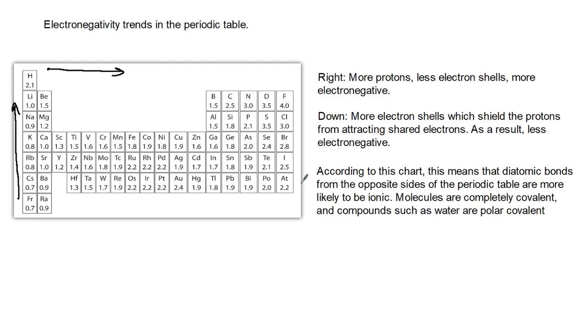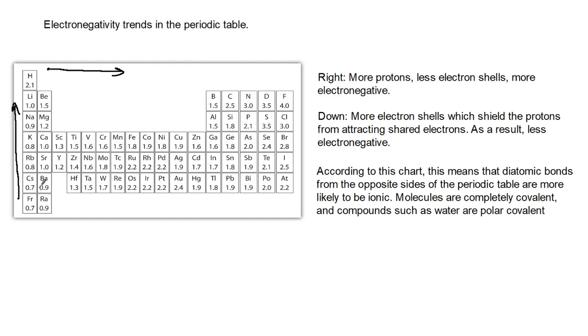So there are electronegativity trends in the periodic table as well, right? If you go right, it'll be more electronegative, and if you go up, it'll be more electronegative. If you go down, or left, it'll be less electronegative, right?